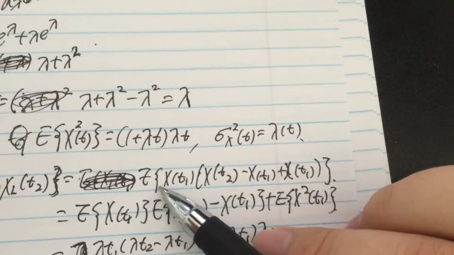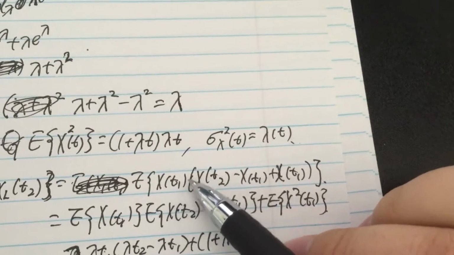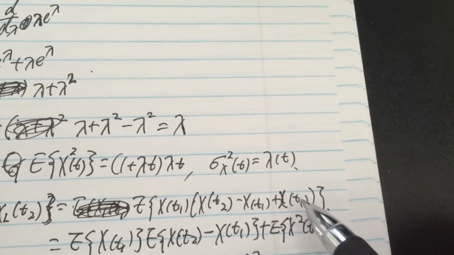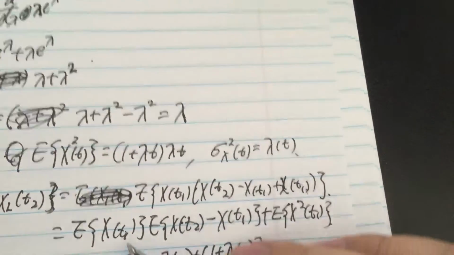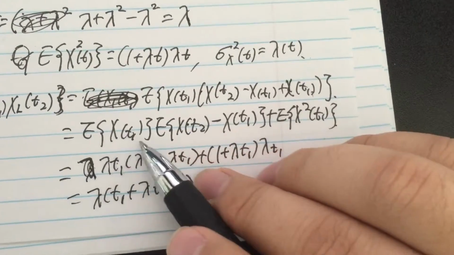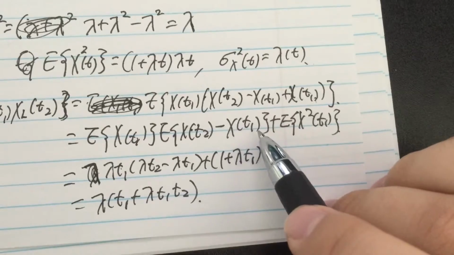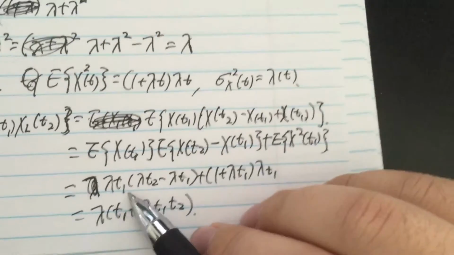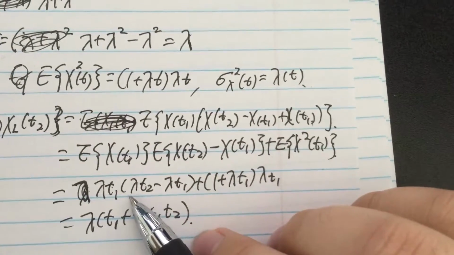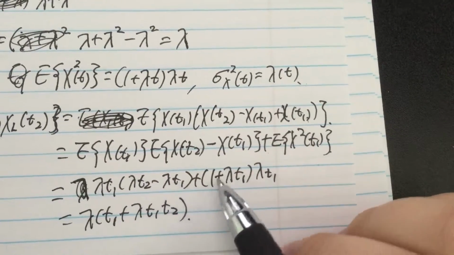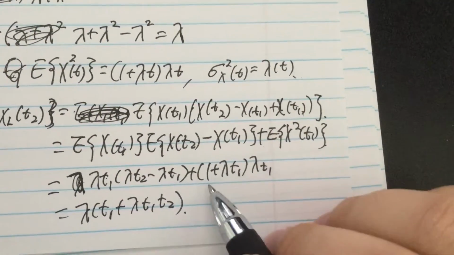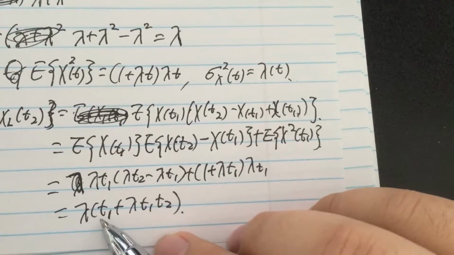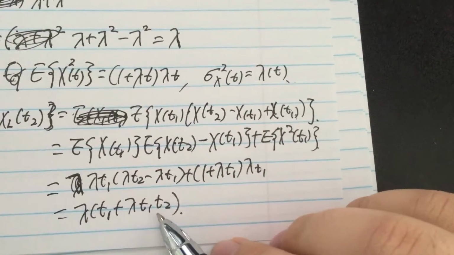Then we get E[X(t1) times (X(t2) minus X(t1)) plus X(t1) squared]. So we get E[X(t1)] times E[X(t2) minus X(t1)] plus E[X squared(t1)], which is equal to lambda t1 times lambda t2 minus lambda t1, plus 1 plus lambda t1 times lambda t1, which is lambda times t1 plus lambda squared t1 t2.